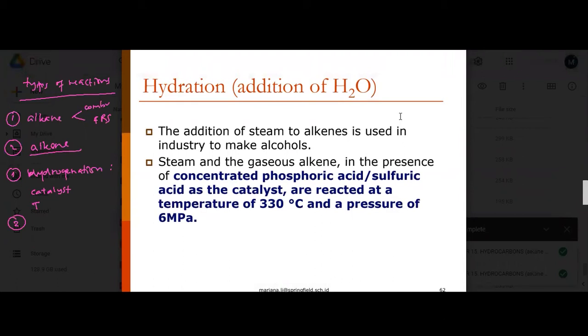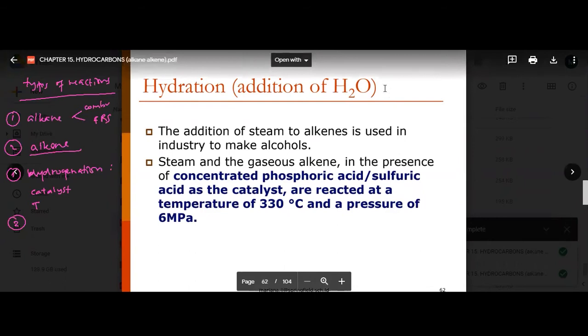So H2O in gaseous state, and the catalyst used is concentrated phosphoric acid or sulfuric acid. Temperature 330 degrees Celsius, pressure 6 megapascal. This changes the alkene into an alcohol, by adding steam to the alkene.